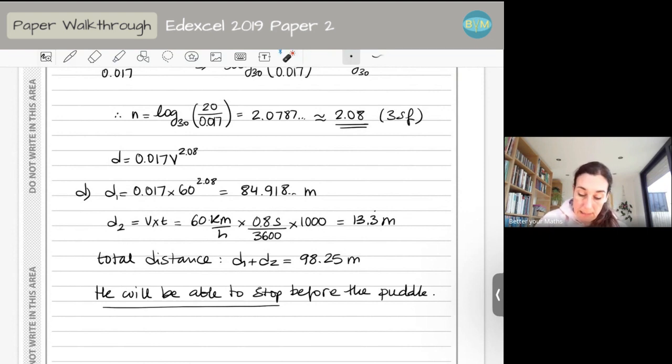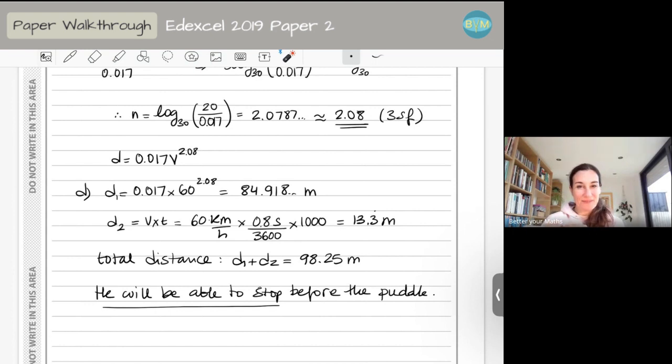I would say every time they ask you to find a model with these exponential questions, you will have to use it. They are going to give you one of the variables or the other. Sometimes the question will be a bit more elaborate like this one, because you have to consider the first 0.8 seconds, but is it clear?